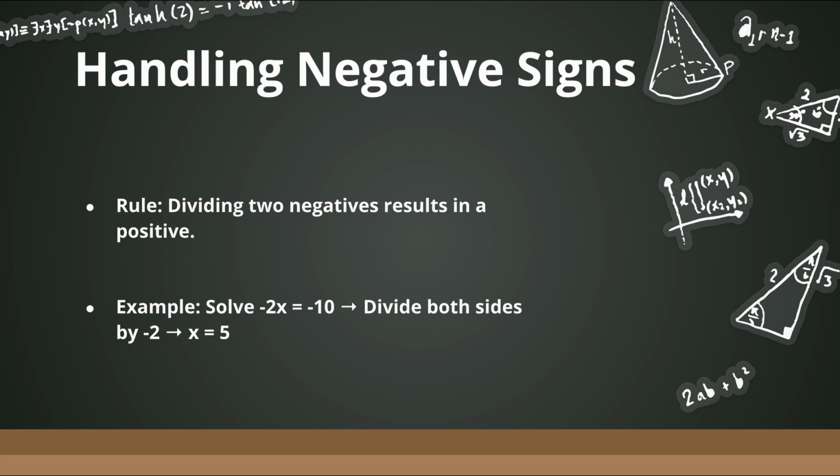Alright, let's check it. Dividing both sides by negative 4 gives x equals negative 4. So the answer is negative 4, because 16 divided by negative 4 equals negative 4.